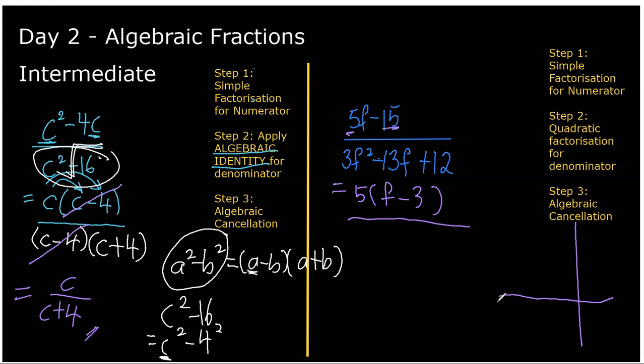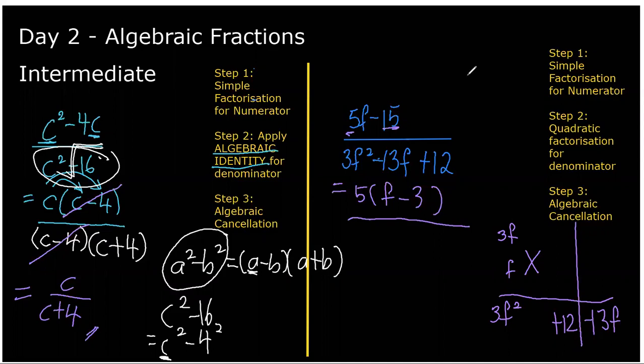So I'm going to put 3f squared here, minus 13f here, plus 12. This is 3f multiplied with f here. And then I'm going to get my factors for 12.